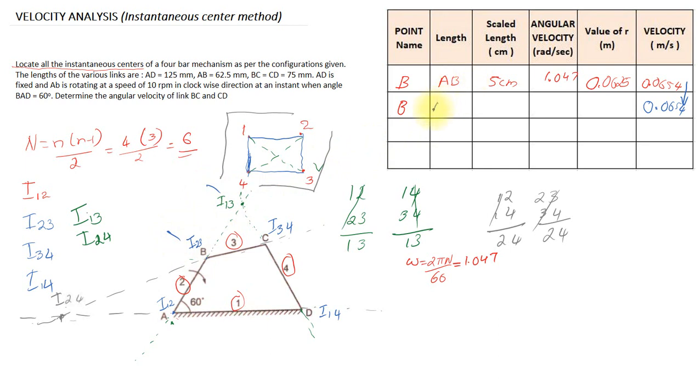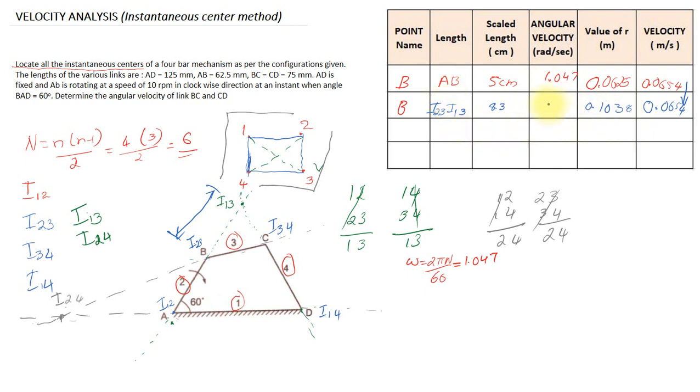So here the distance will be I23 to I13. Upon measuring this dimension, I23 to I13, the length will be 8.3. Upon scaling this value, we will get 0.1038.